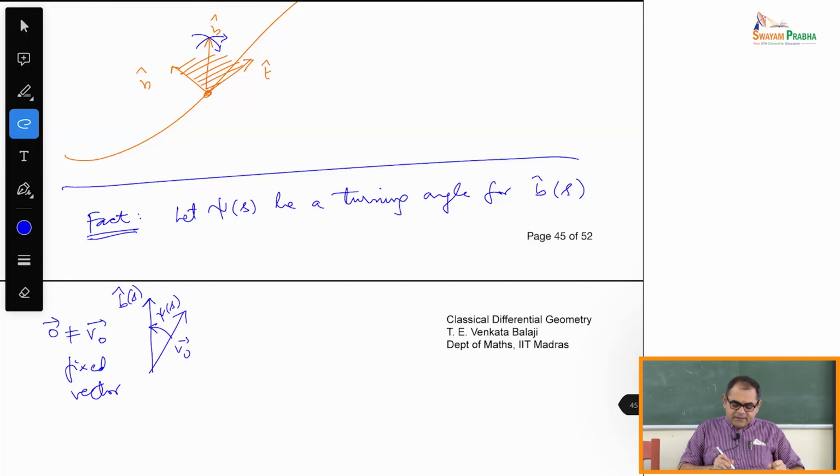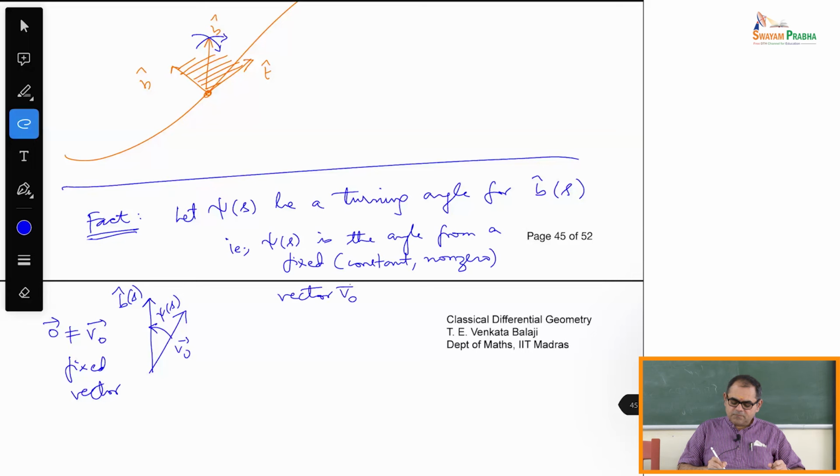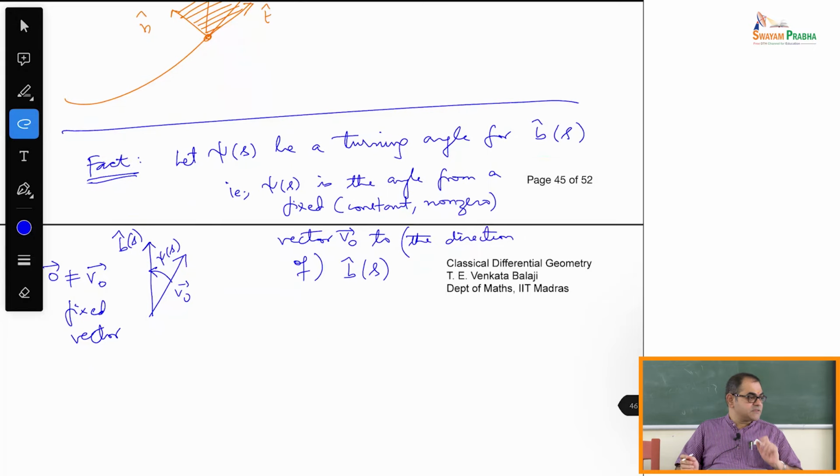So psi of s is the angle from a fixed constant non-zero vector v naught to the direction of b cap.